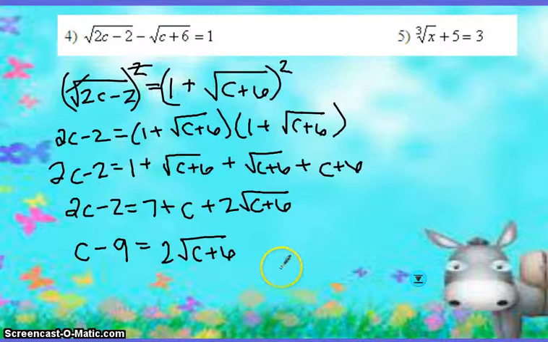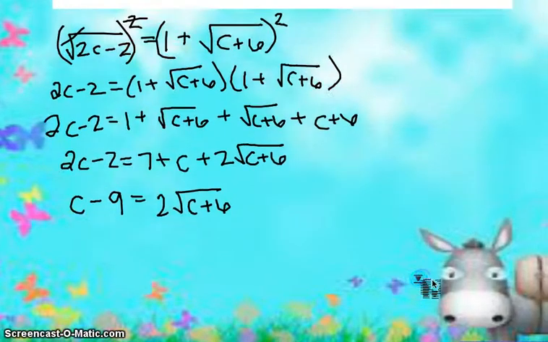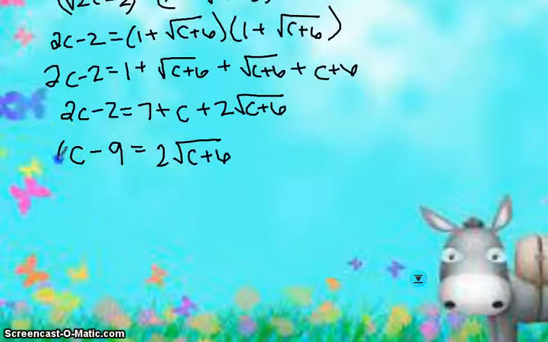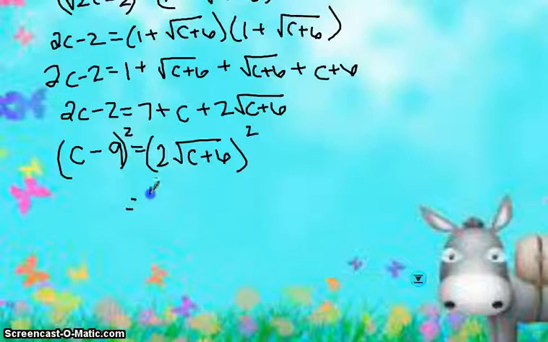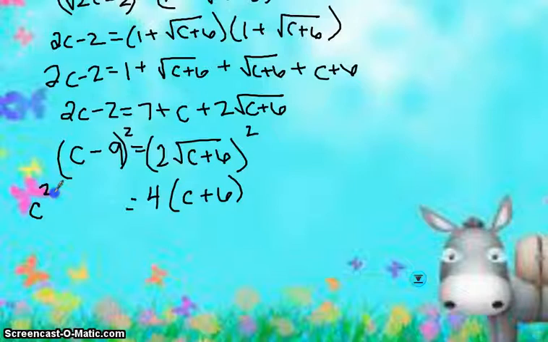Once you have your radical isolated, you then can again square both sides. So I'm going to raise each side to the power of 2, which in this case will take away my radical. Don't forget to square what's on the outside of your radical. And again, write it out twice and FOIL for that left-hand side.